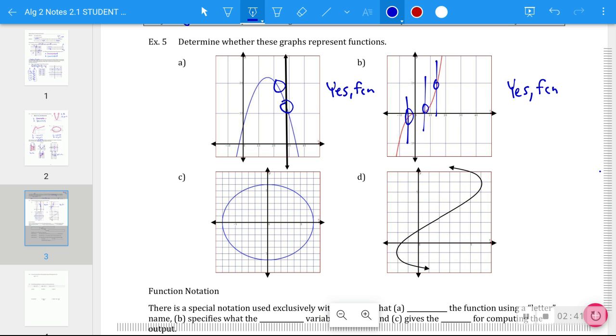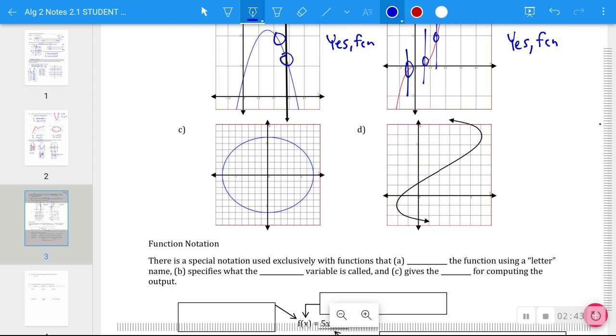Okay, it may be more instructive to see ones that fail. So if you draw a vertical line right through here, it hits once and hits a second time. So this vertical line test is a failure. That's not a function. And here there's a number of places you can show that it fails a vertical line test. I'll just do one over here on the right. Not a function.